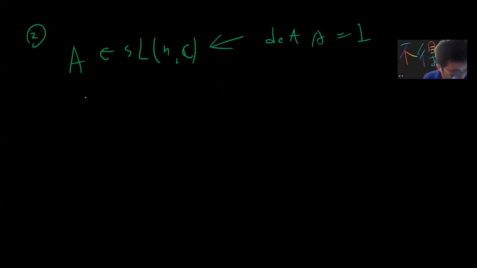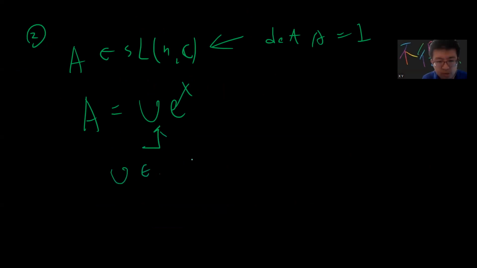The second one is that if you restrict to a special linear group, meaning the determinant of A is 1, then one can write A equals U exponential X, where U is now not just unitary but special unitary, so it's SU(n). And X is self-adjoint, so exponential X is also self-adjoint, but with the condition that trace X is 0.